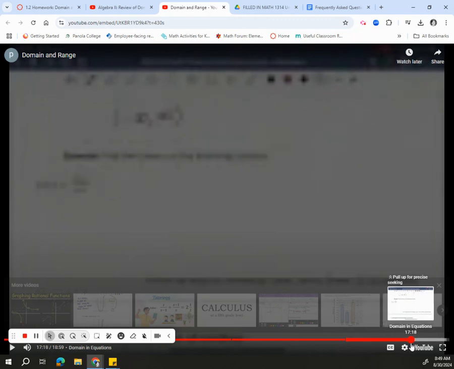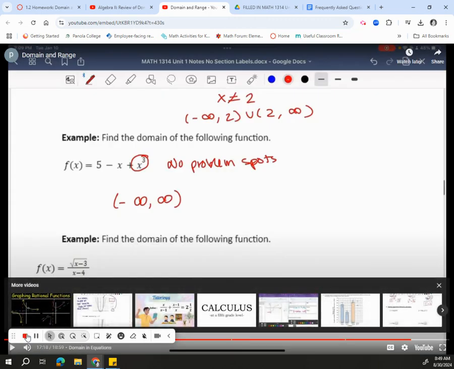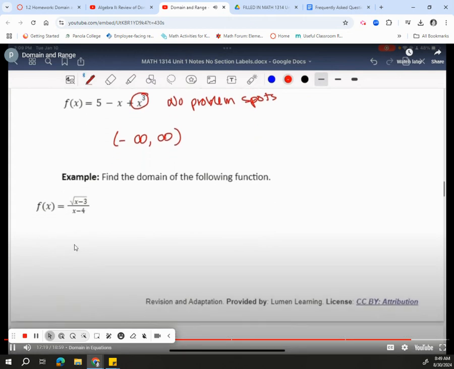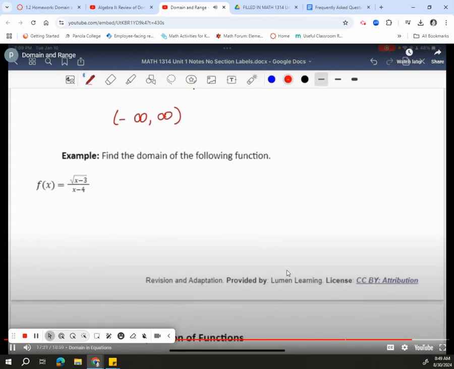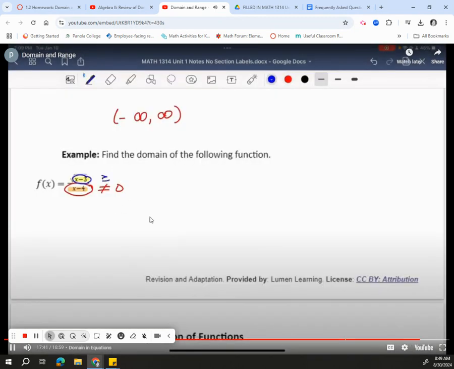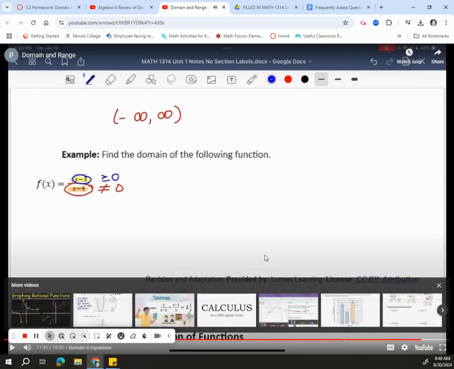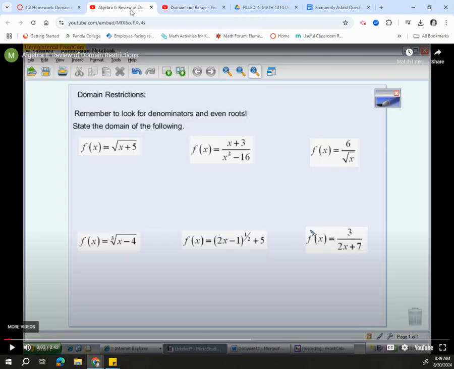Find that problem being worked out, hear it, and see it right here. Here's that problem being worked out, so you can go back and hear it. This is also practice in domain restrictions, so you can watch that video.